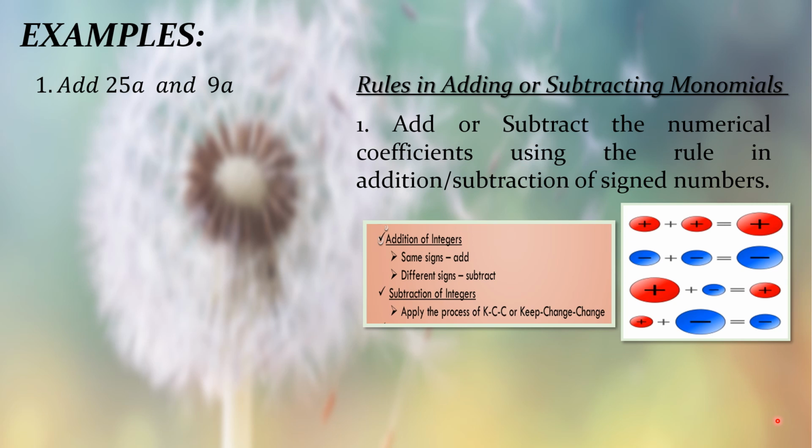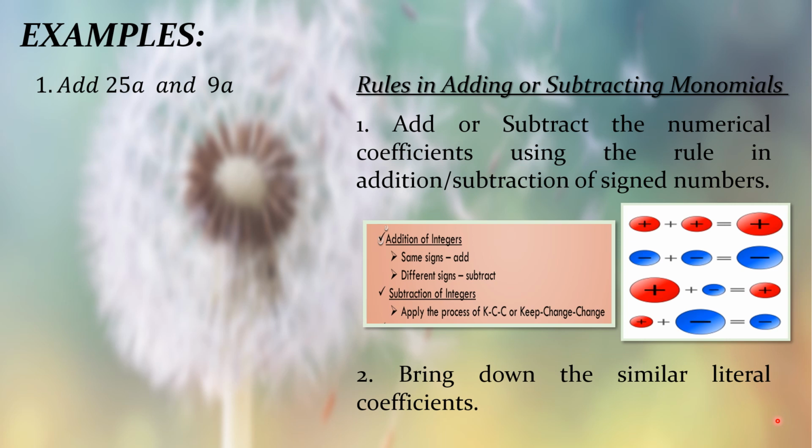Okay, so let us now proceed in adding 25a and 9a. So, isulat natin yung similar literal coefficients, or let us bring down the similar literal coefficients. Kapag sinabing literal coefficients, iyon yung variable, which is yung a. Kapag naman sinabing numerical coefficients, iyon yung number.